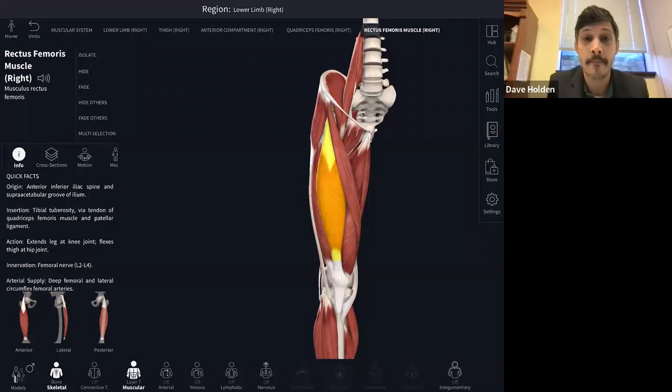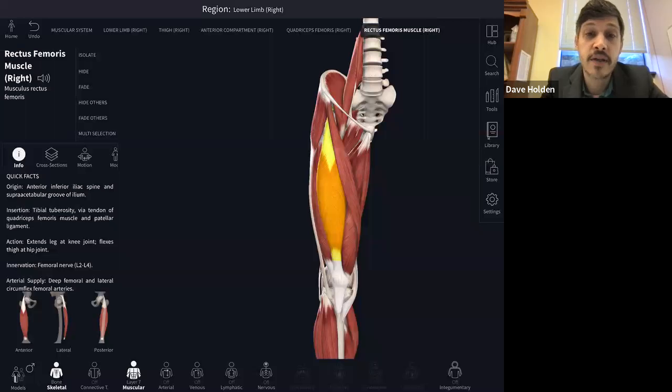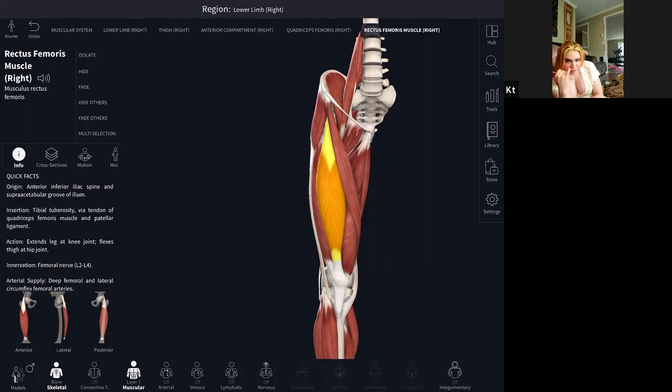Rectus femoris, rec fem. Yeah. They would have really strong quadriceps. They would also have really powerful hamstrings and glutes, because remember the flexors are bringing you down towards the ground. It's the extensors and the flexors of the knee that are launching you forward. And that's where the power is really coming from.